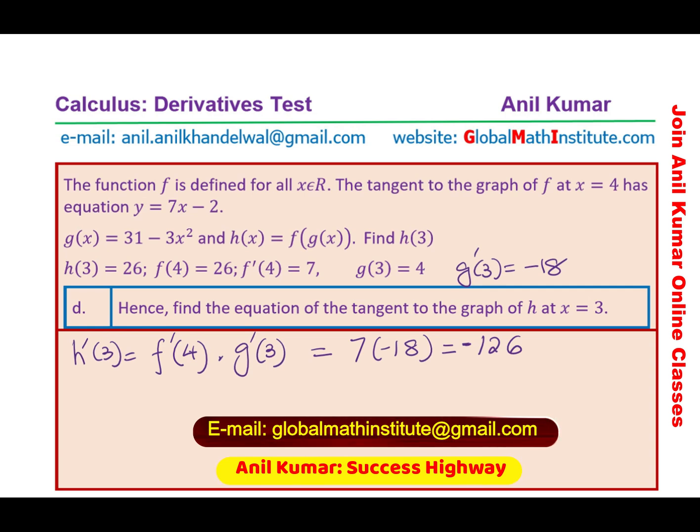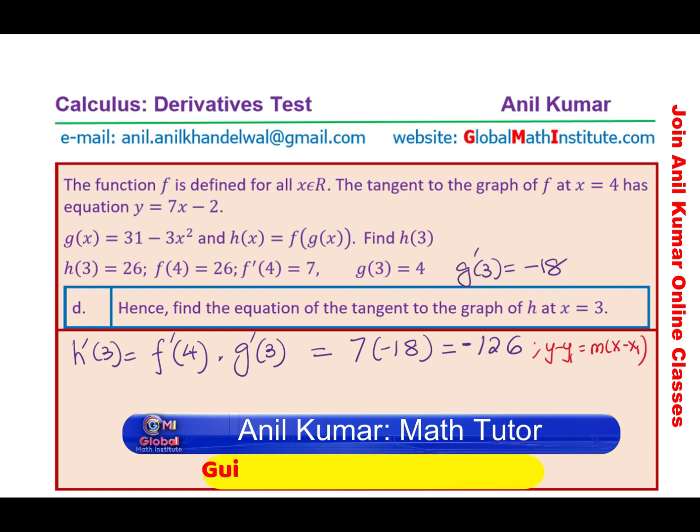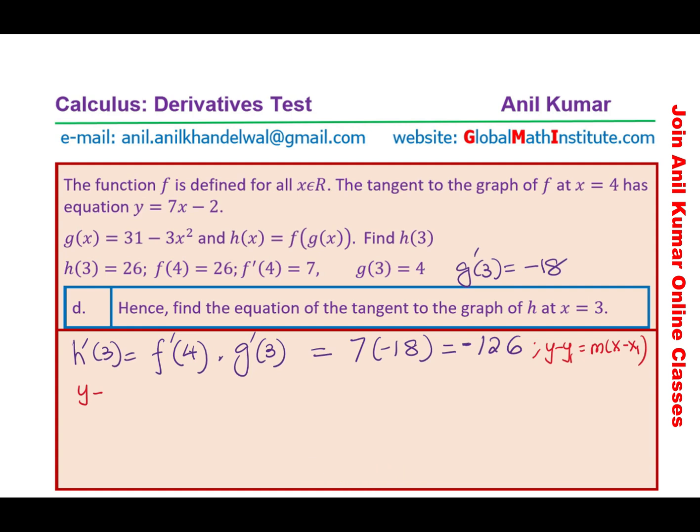We need to find the equation of the tangent line, right? So for the tangent line equation, we can use y minus y1 equals m times x minus x1. So we are going to use this particular equation to write down the tangent line. Now h of 3 is equal to 26, right?